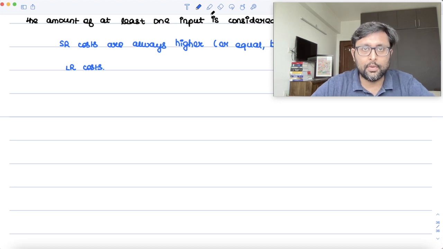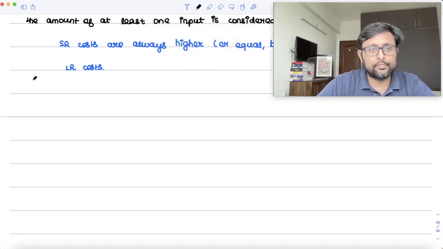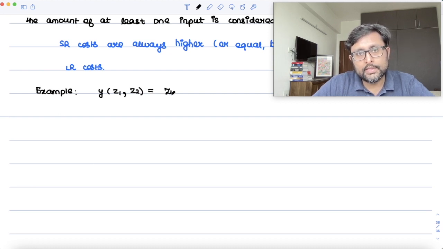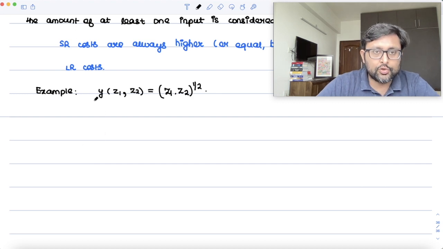So let's look at one example. You have output, which is a function of inputs Z1 and Z2. Let's say this is what my production function is, root of Z1 Z2.